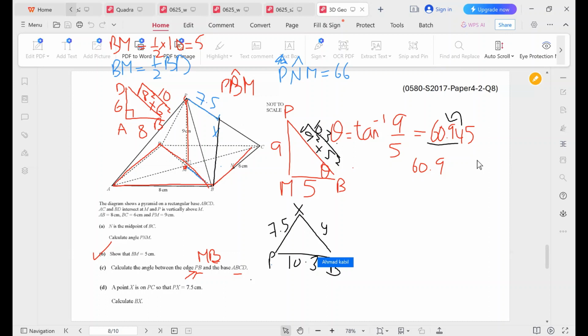Now we need to find an angle. So either angle X or angle P or angle B. How are we able to find that? So the only angle that belongs to another triangle other than triangle PXB is angle P. So this angle here, this is the only angle I can actually find because it's the only angle that belongs to a different triangle which I'm aware of and which I can use to get the angle.